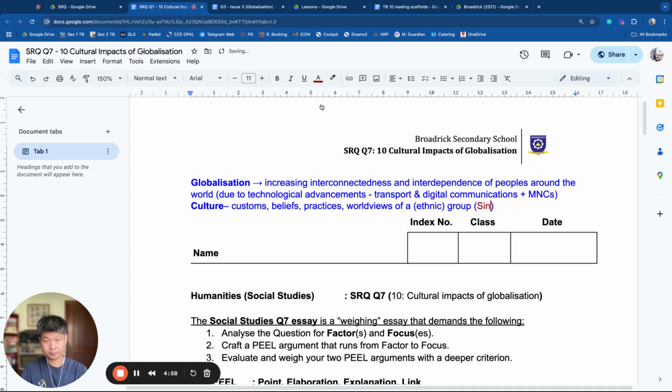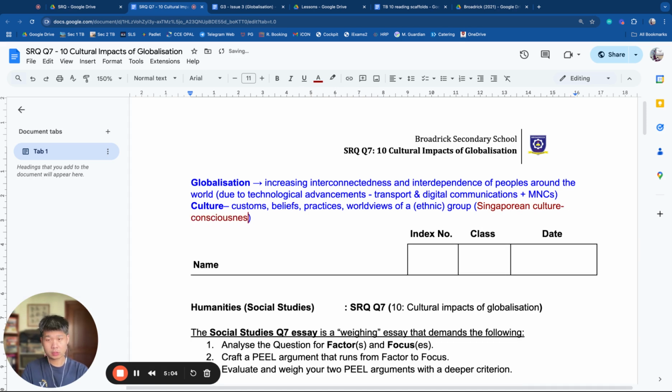So Singapore culture: consciousness of smallness and vulnerability, the striving for and respect for diversity, and it's made known to us that diversity is not only a feature of our country, ethnic diversity, linguistic diversity, but it's also a strength because it means that when we can communicate across barriers, we gain good civic skills and good interpersonal skills.